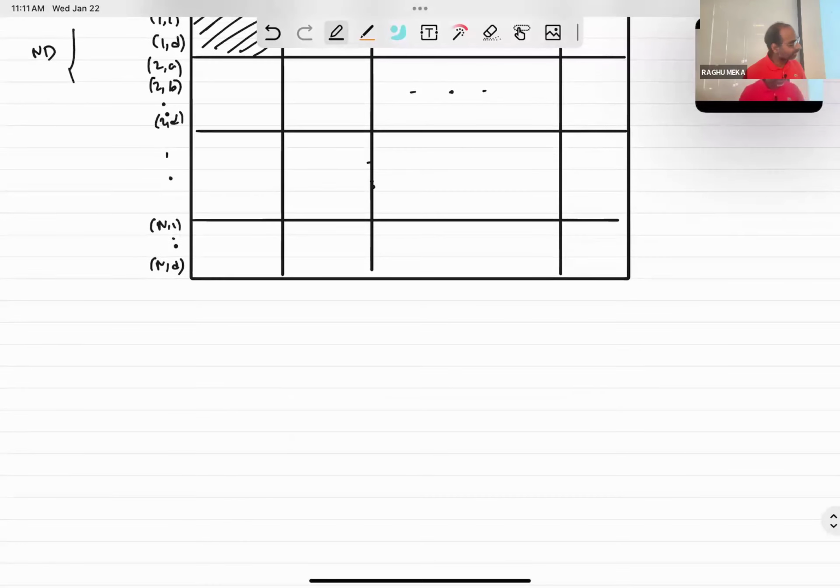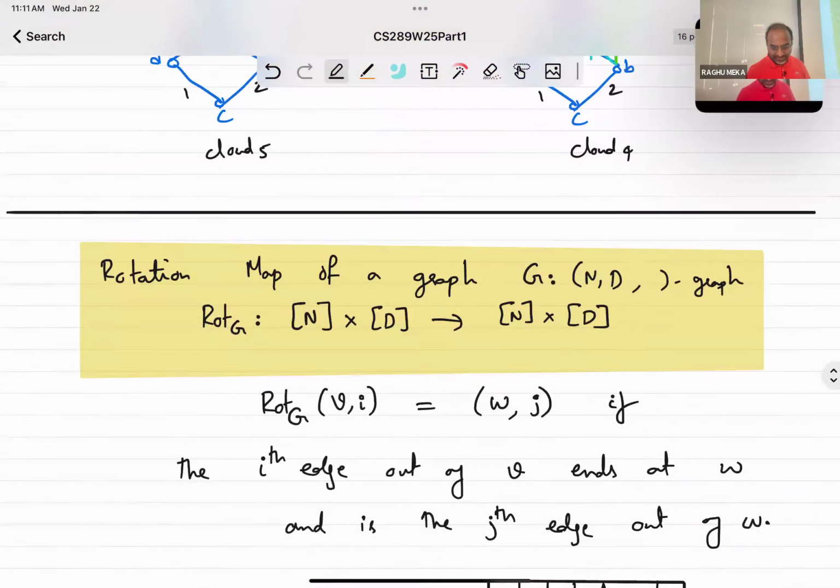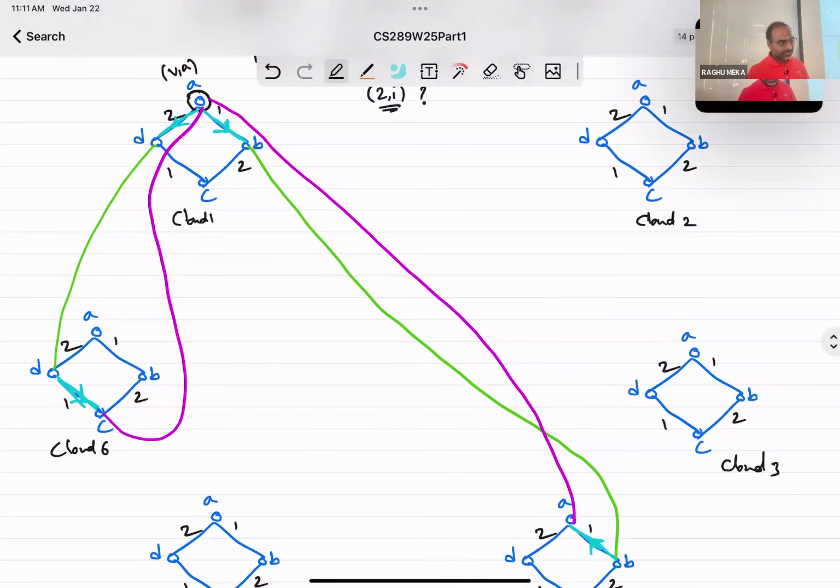And let's once again think about how we are generating this graph and build the adjacency matrix from there. So there's a zig step, which is the first within cloud. There's the across cloud step, and there's the zag step, which is another step within a cloud, right?